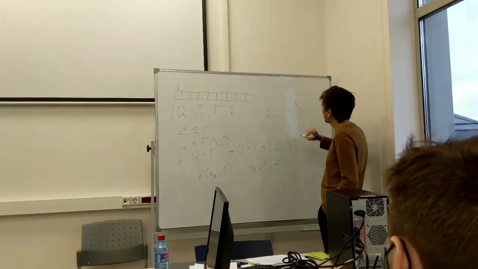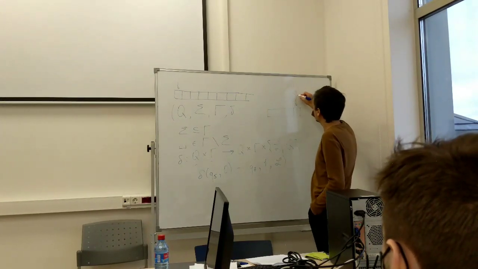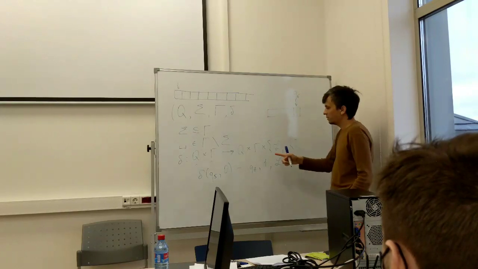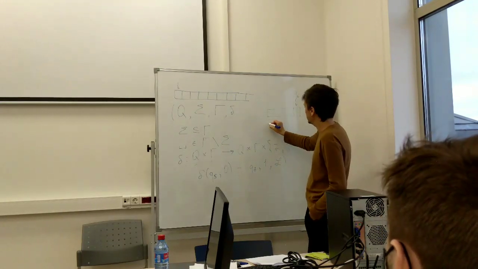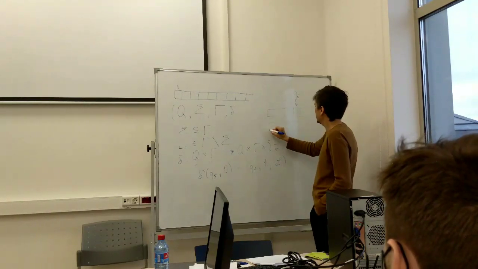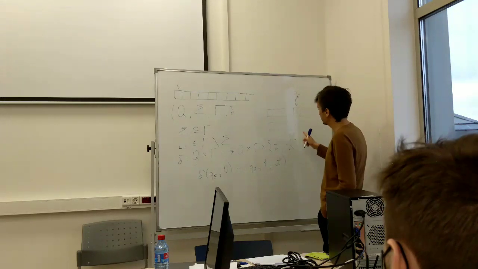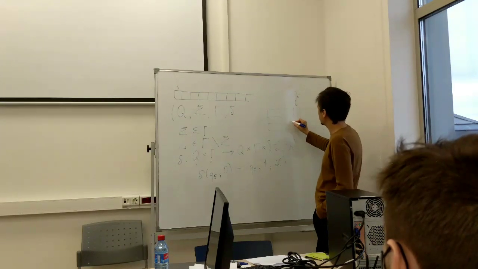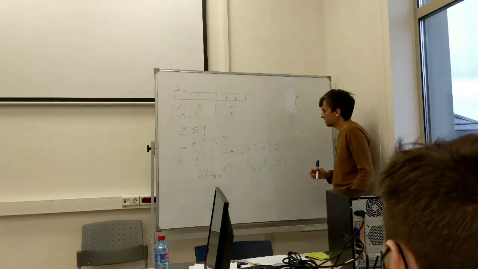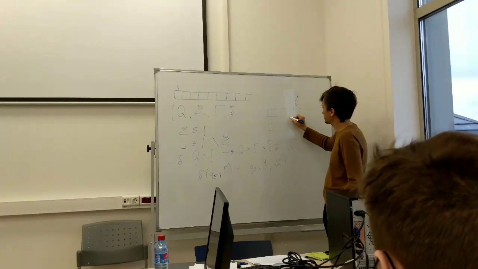Here we have a 0, and the machine is in state Q5. Then what it's going to do next is this. It's going to replace 0 by 1. It's going to move leftwards. So now it's going to point to this cell. And the new state is going to be Q7.